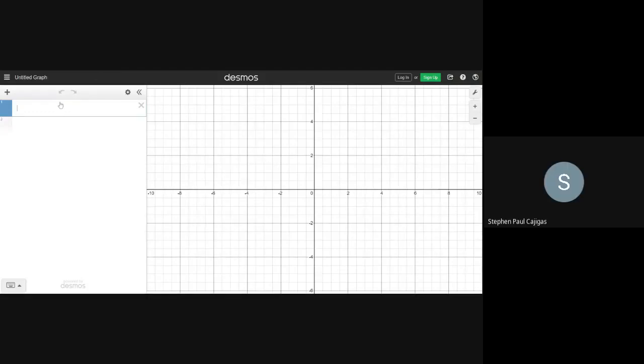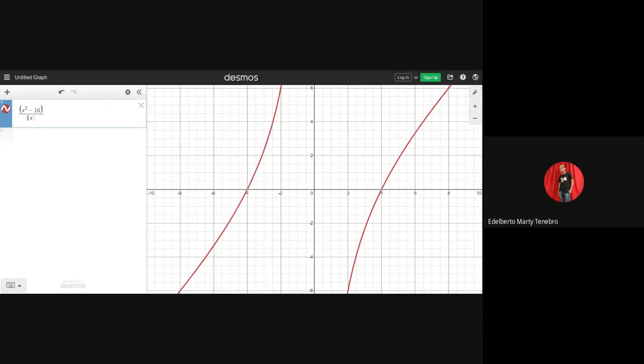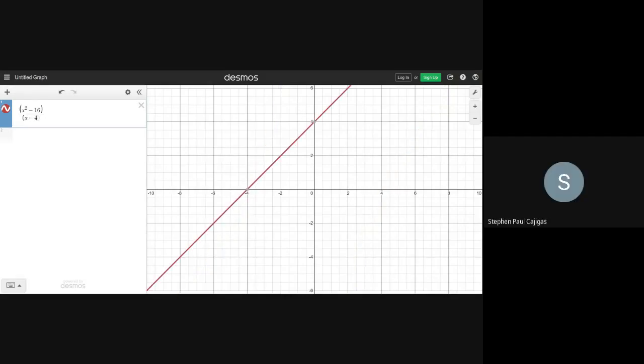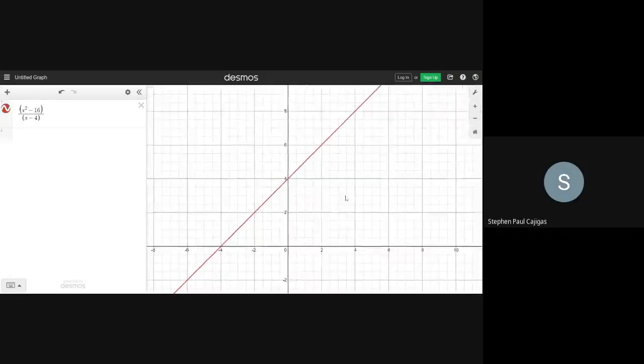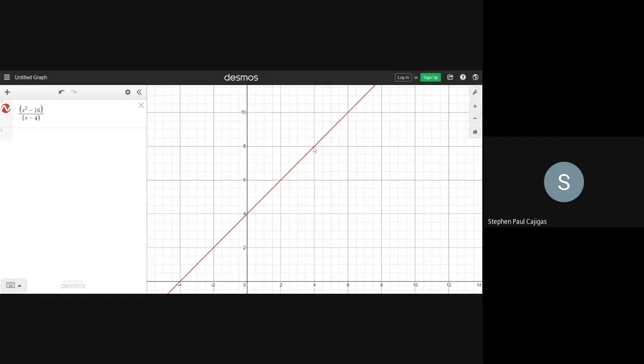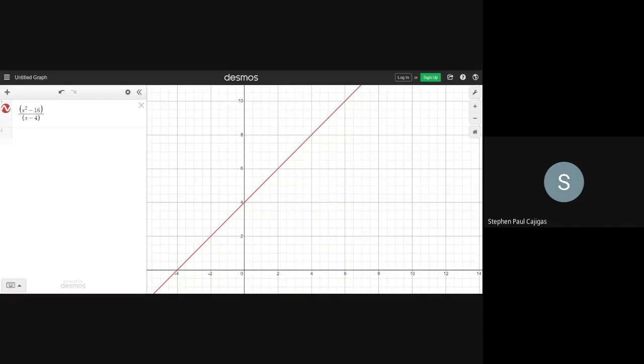So we put x squared minus 16 all over x minus 4. So its graph is actually just a straight line. There is no hole. Desmos simplifies it to x plus 4, so it only graphs x plus 4. It does not consider that it should be undefined at positive 4. So it became a straight line.